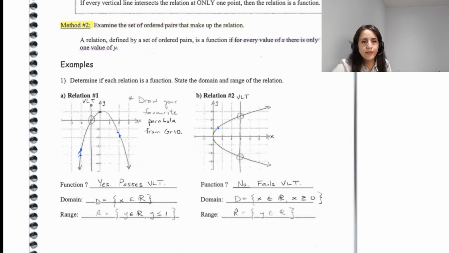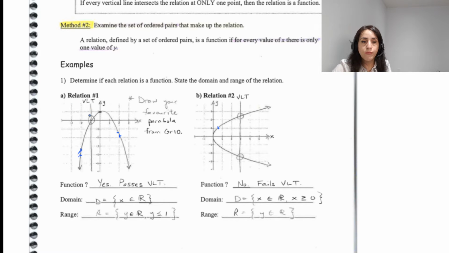When I'm checking this graph based on the vertical line test, I'm drawing a vertical line. As long as this vertical line is passing through just one point, it means that this is a function, because this graph is passing the vertical line test.